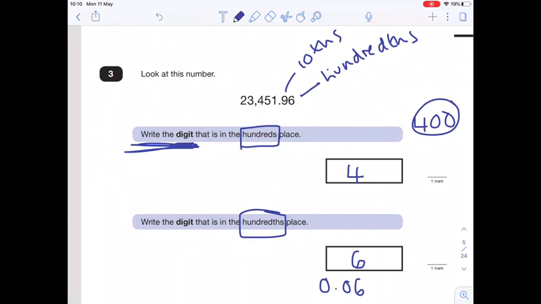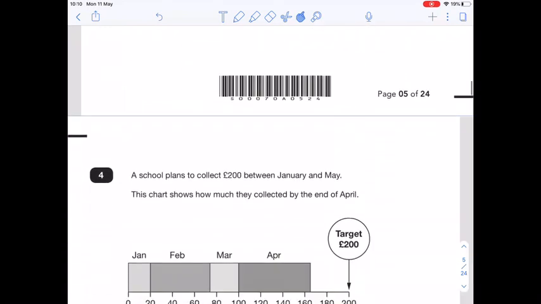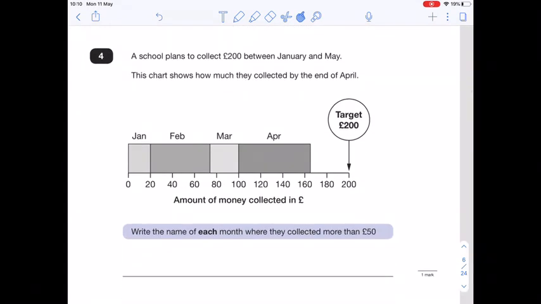Okay, next one. Number 4 already, we're on number 4. A school plans to collect £200 between January and May. This chart shows how much they'd collected by the end of April. So on all of these, I always think that we need to take a little time to understand the chart that we're being shown. Let's have a look. Here we've got these ones are the months.